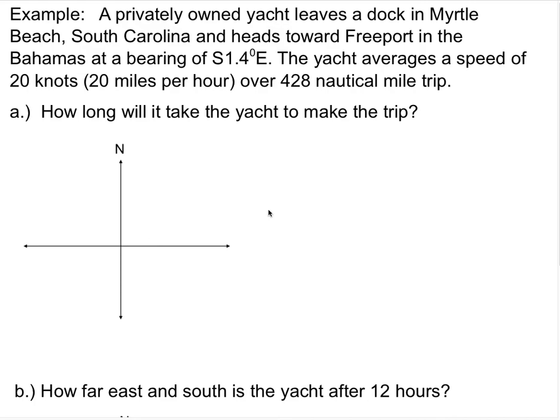So let's go ahead and construct what we're given here. Here is our origin, where we're starting. We have our south, our west, and our east. Now, the direction that this boat is going is south 1.4 degrees east. So you start at the south and you go 1.4 degrees east.